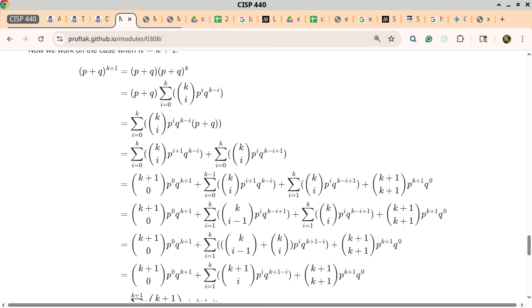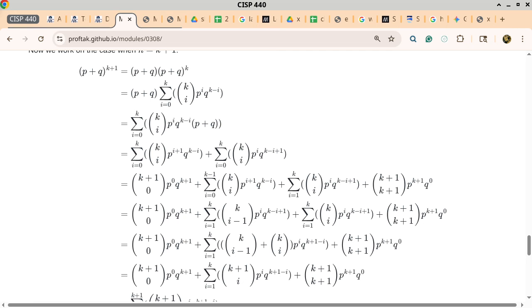All right. So the first step to the second step has to do with the induction hypothesis. The second step to the third step is simply moving the p plus q over here into the inside of whatever we are summing, because p plus q does not depend on i, so we can do it outside or we can do it inside.